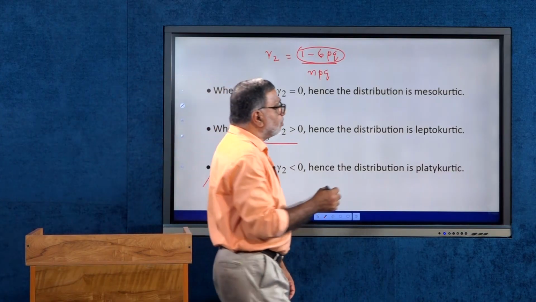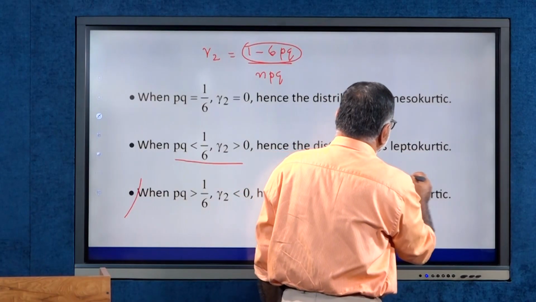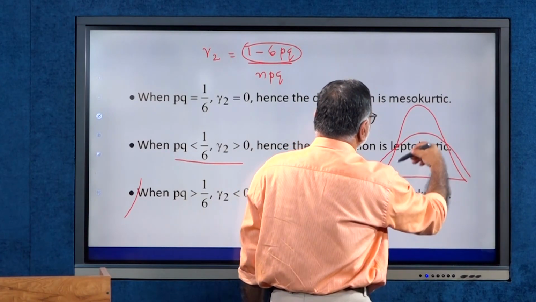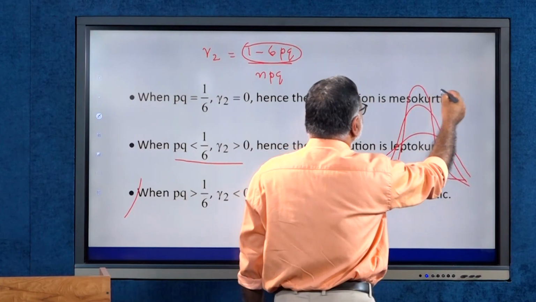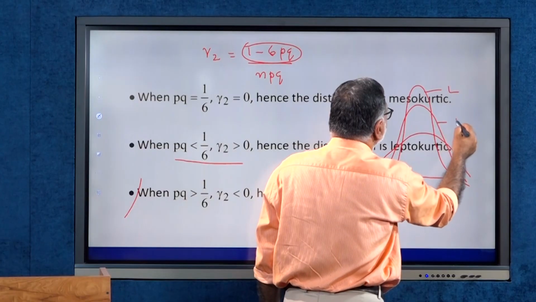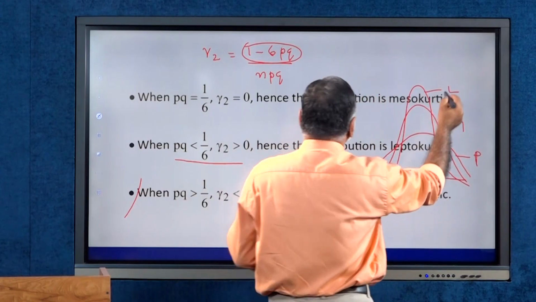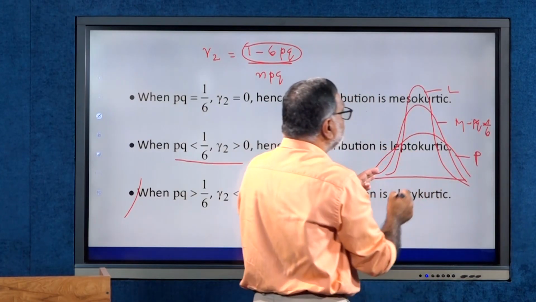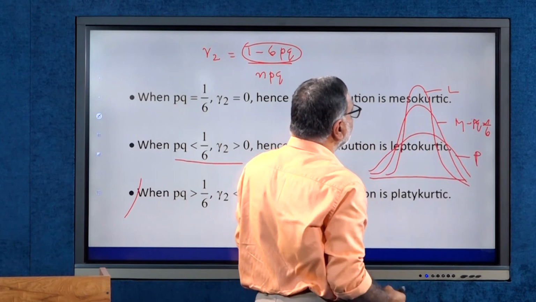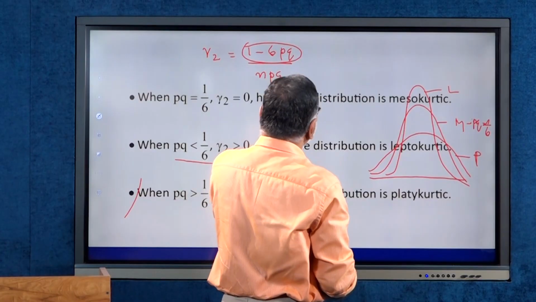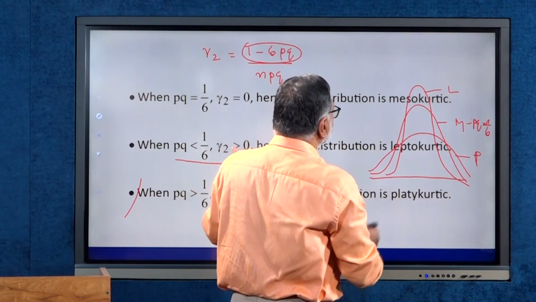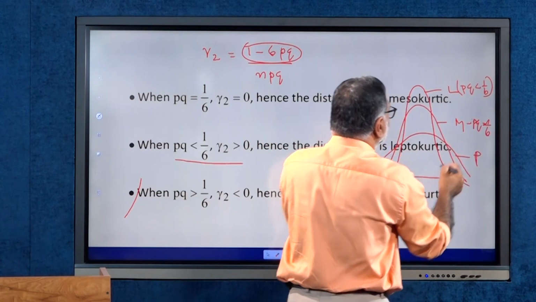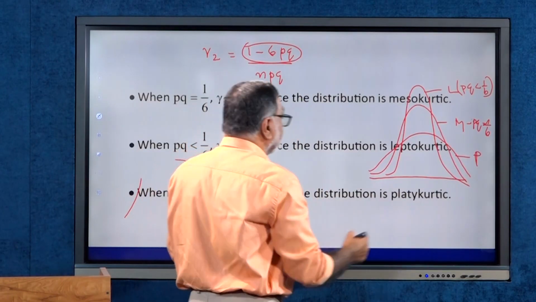If you draw the histogram of the binomial distribution, this is the case when p q is equal to 1 by 6, where the distribution is mesokurtic, and this is leptokurtic if p q is less than 1 by 6, and this becomes platykurtic when p q is greater than 1 by 6.